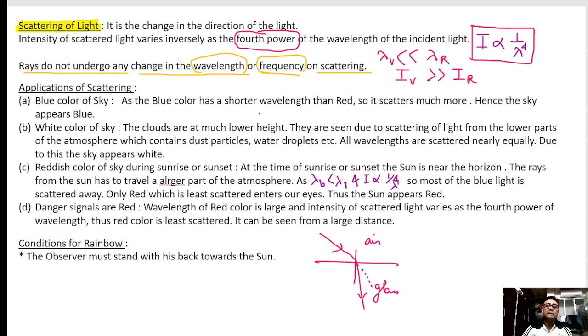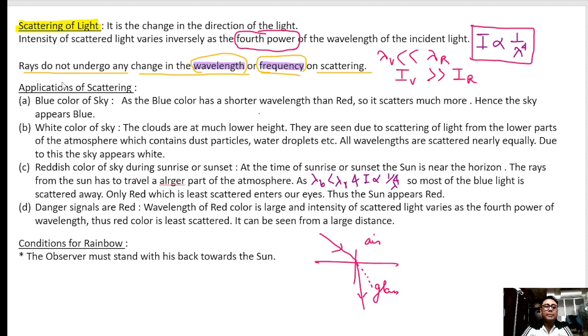Please keep this in mind. So what things do not change? One is the wavelength, and one is the frequency. Wavelength and frequency will not change due to scattering of light. Clear?